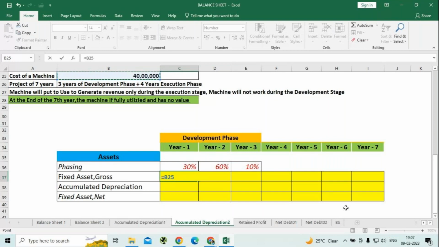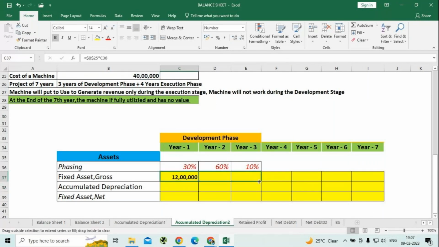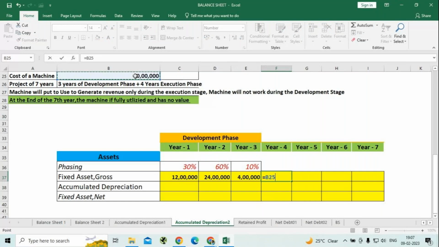So I'll keep it as a freezed value into 30%. So for the first 3 years when you calculate it, the total of this value is going to become 40 lakhs. Okay, so from the 4th year onwards it is going to be the same value, 40 lakhs for all the years.